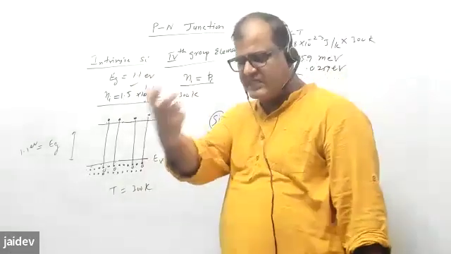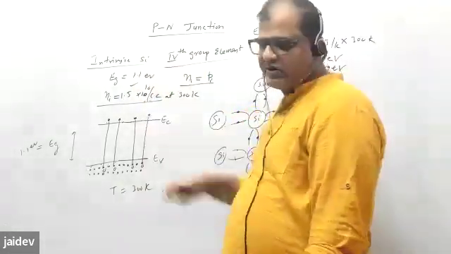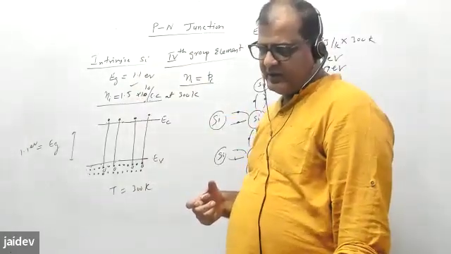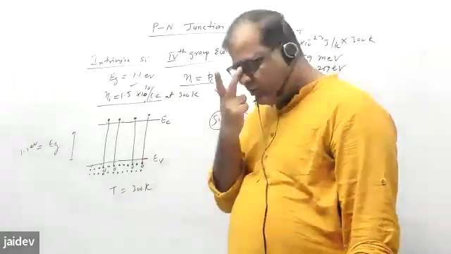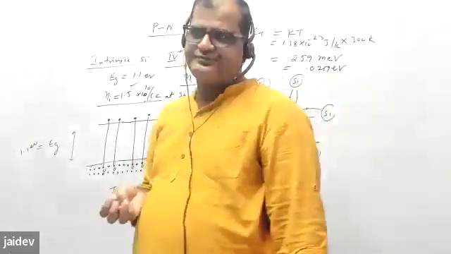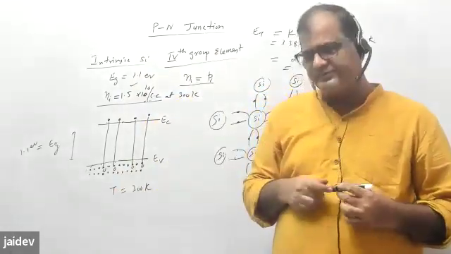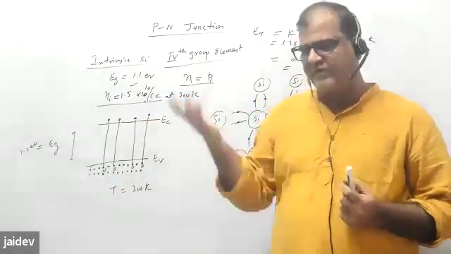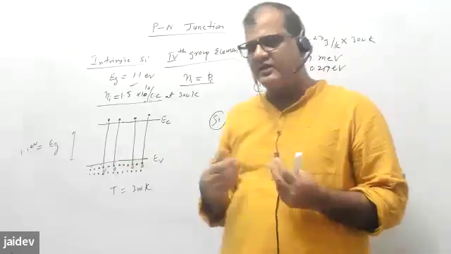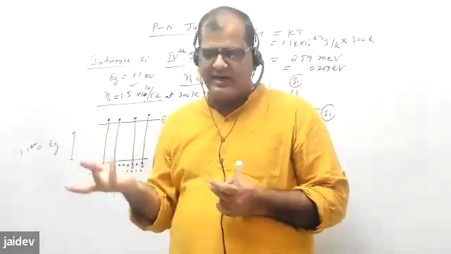If you take a per centimeter cube block, it will have this much electron. Now, if you take a 1 centimeter cube crystal, how many atoms will be there? You can find that if you know the density and the mass of the crystal, and the atomic mass.